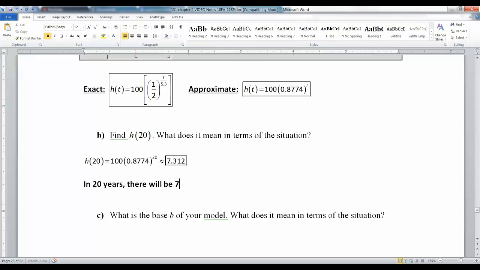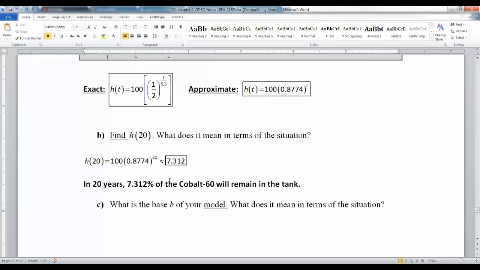So we would say 7.312% of the cobalt-60 will remain in the tank. Okay? Doesn't sound promising, but that's how it is.